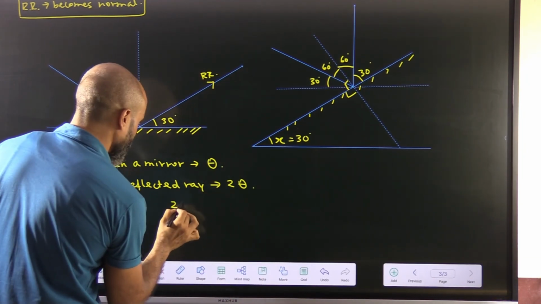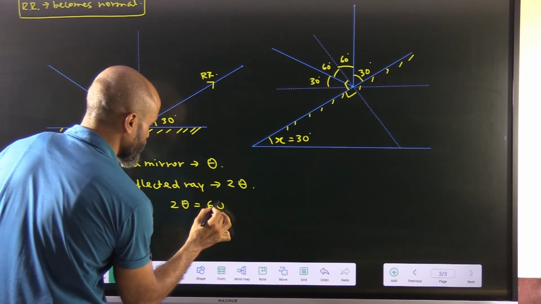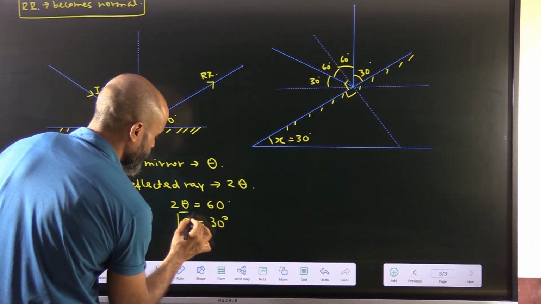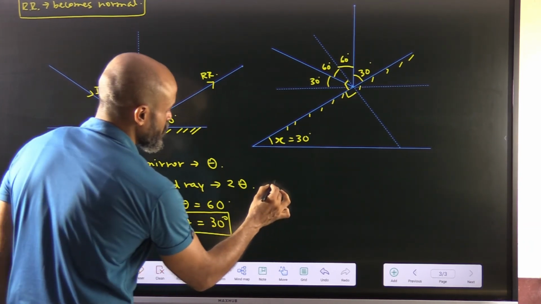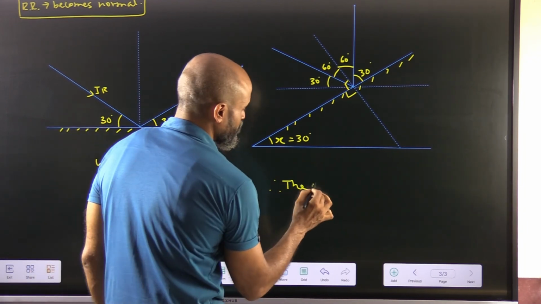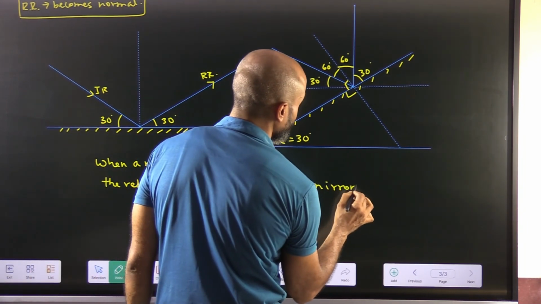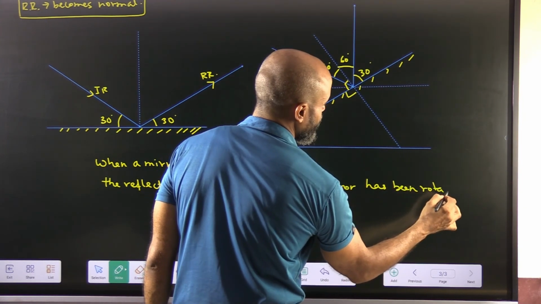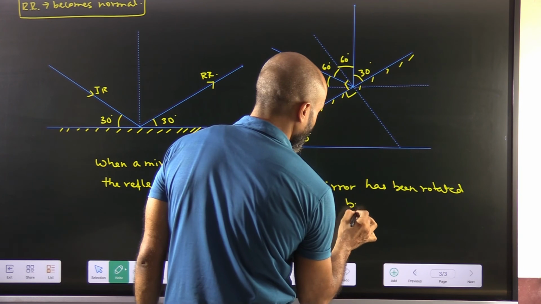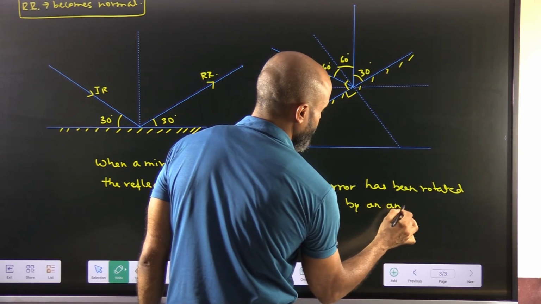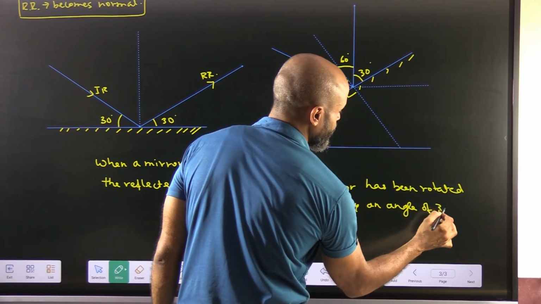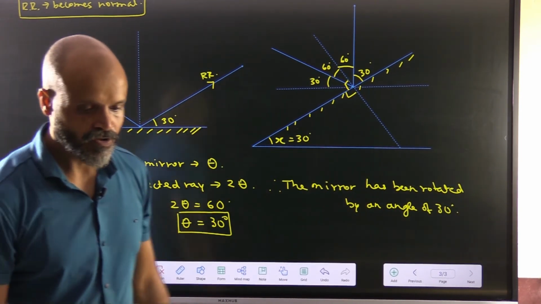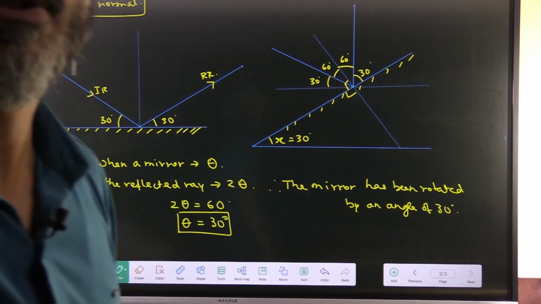So here the value of 2 theta is 60, so the value of theta will be 30 degrees. Therefore the mirror has been rotated by an angle of 30 degrees. Okay, so this explains how we will get and solve this problem.